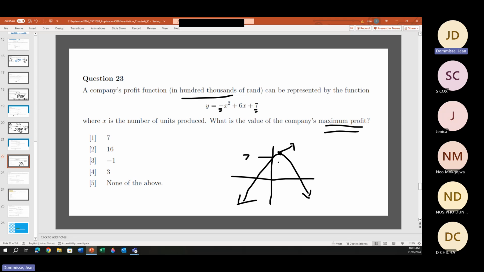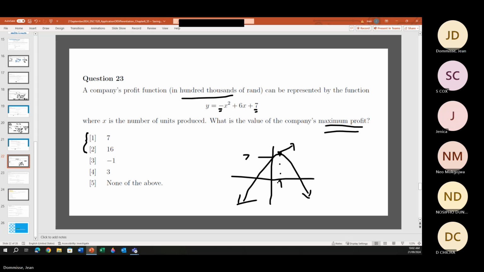If I look at this graph, I would automatically have said, well, there's 7, so between 7 and 16 will be my answer. It might be that that is also where the curve ends, else it will be higher. I would have guessed one of those two. I have not worked it out, but that is what I would have guessed. So we want that turning point.